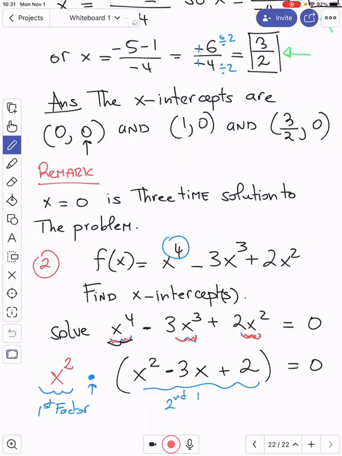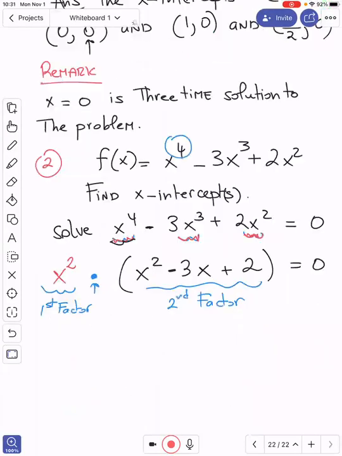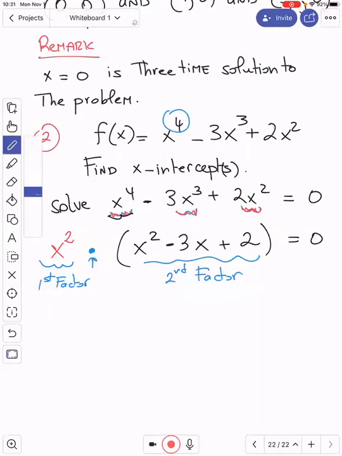So again, either the first factor is 0 or the second factor is 0. So either the x squared is 0, or again, this x squared minus 3x plus 2 is 0.